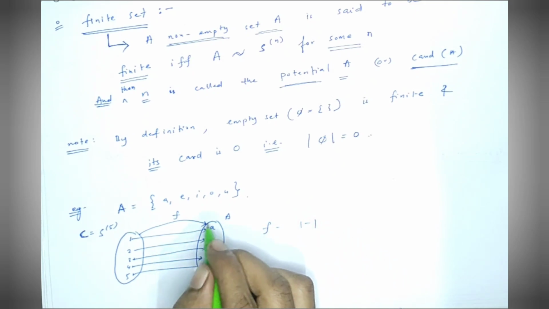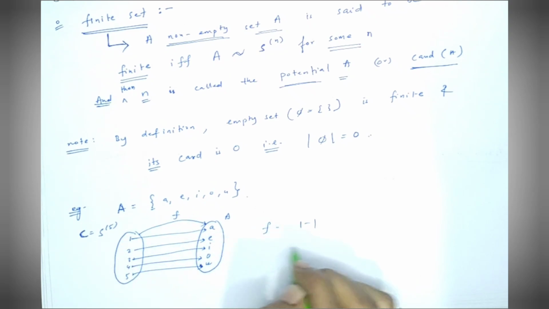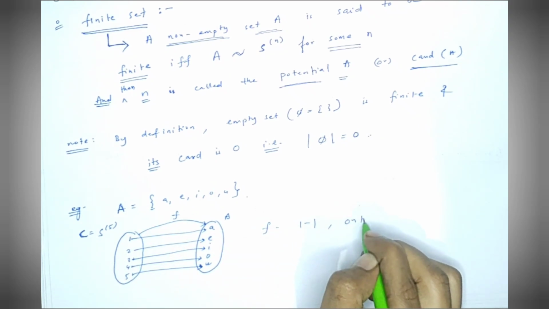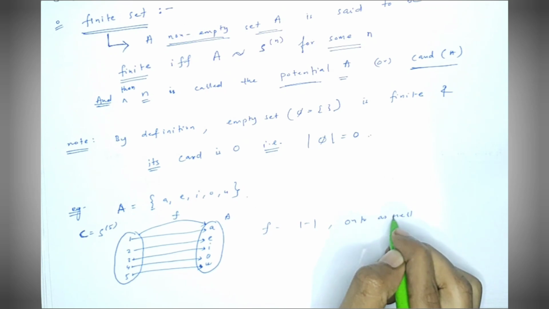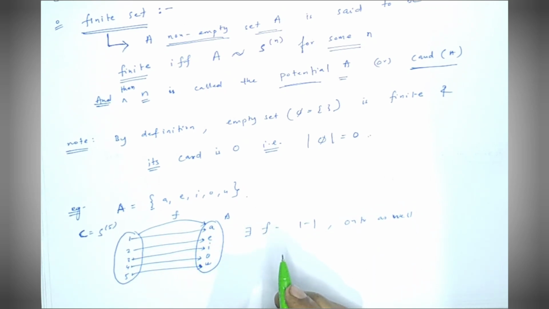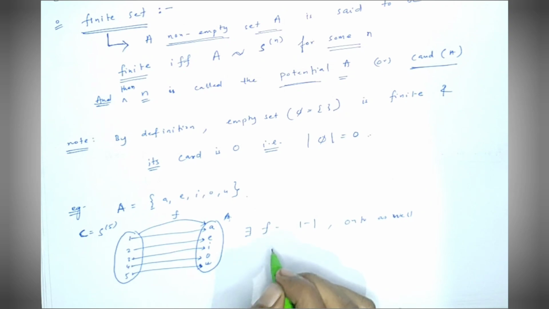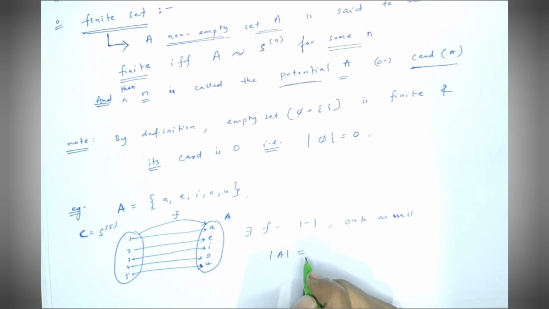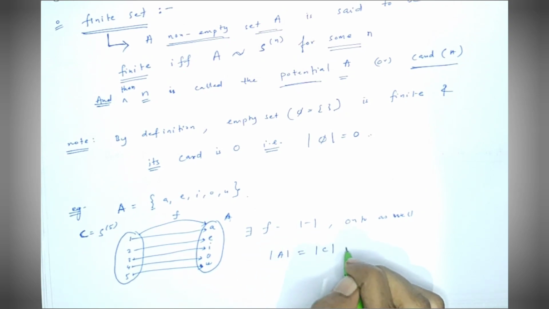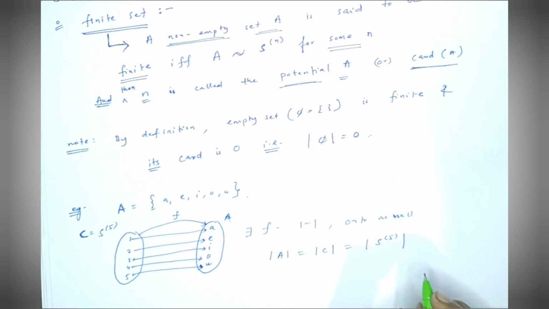And since all the elements of set A have pre-images in set C, this function is onto as well. Since there exists a one-one and onto function between set A and set C, the potential of set A is equal to the potential of the initial 5 segment of natural numbers.